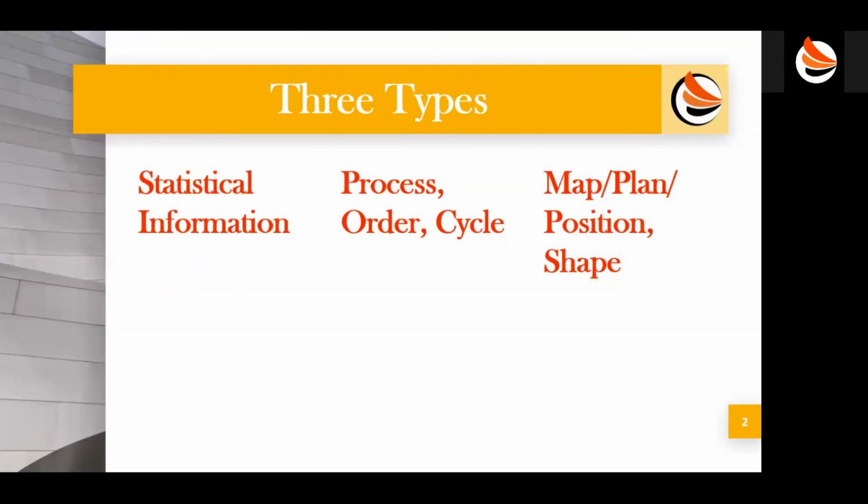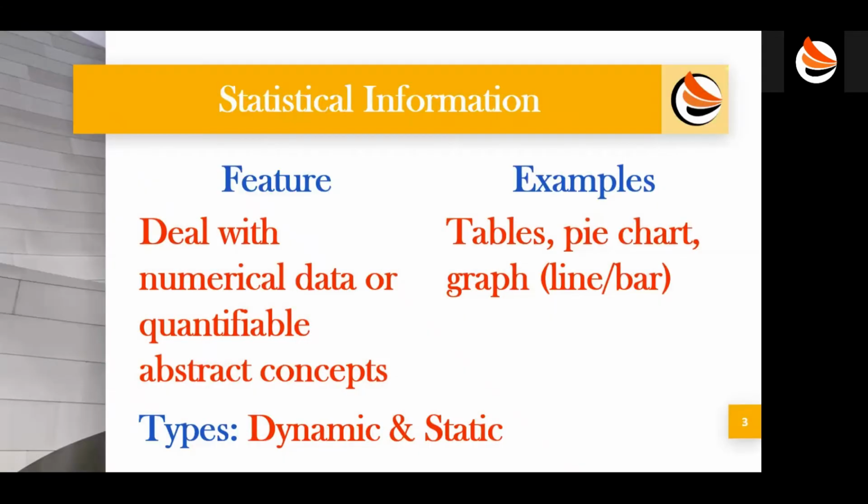You may find a statistical information question, process, order, cycle, or map, plan, position, or shape. We will look at these in detail. Statistical information questions basically deal with numerical data or quantifiable abstract concepts.